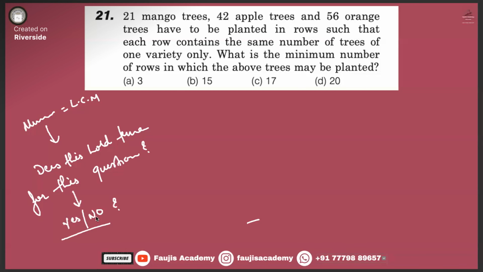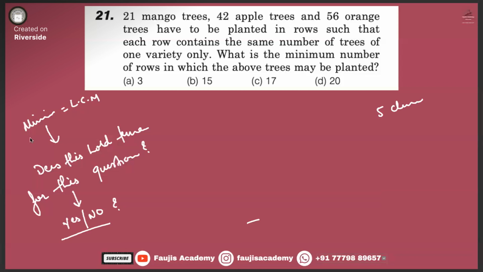Sorry, Abhikaran. Okay, 21 mango trees. Let us say you have like 5 chili trees. Whenever I say minimum is equal to LCM, I've been teaching you guys, right? Remember that. Wherever you find a minimum, you have to find LCM.